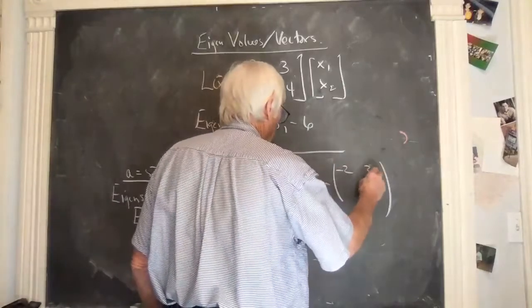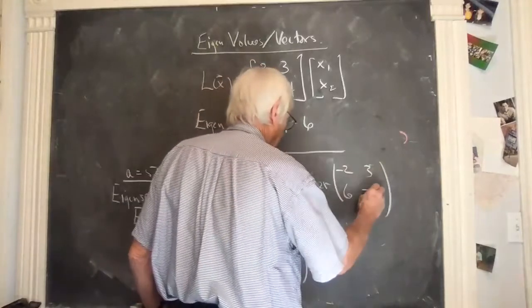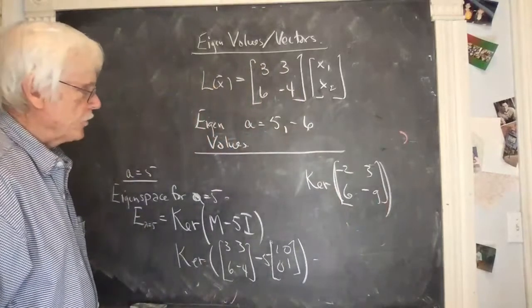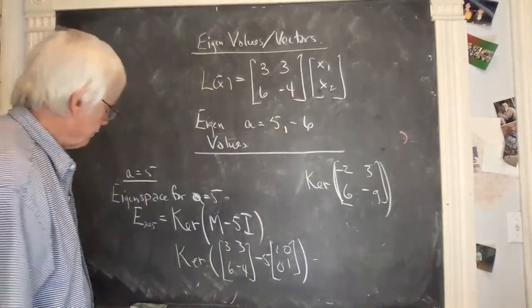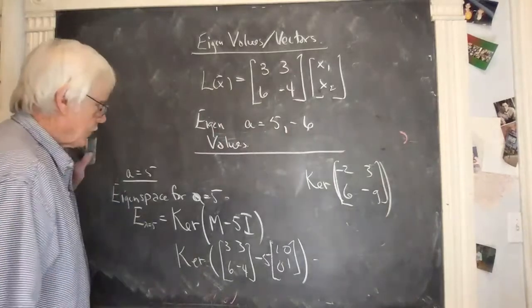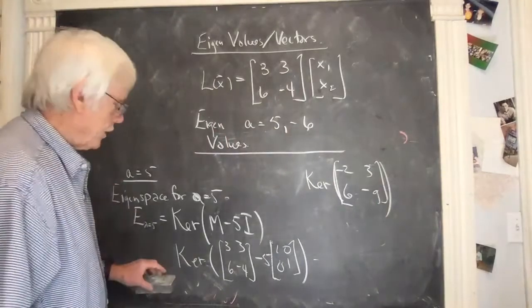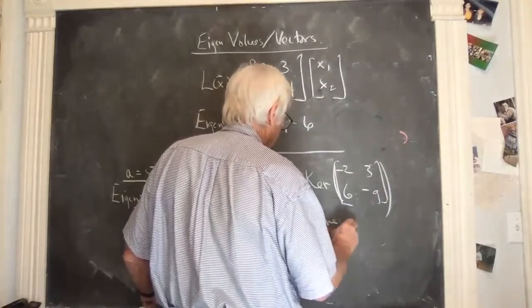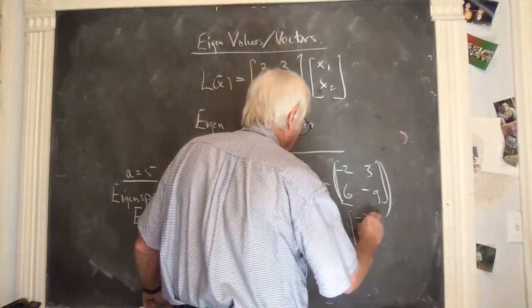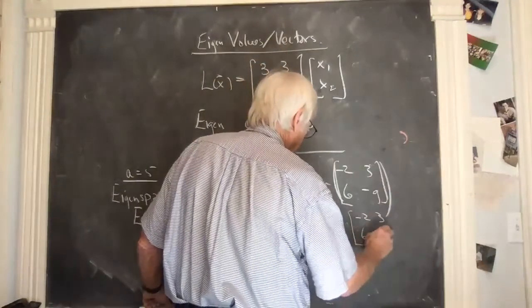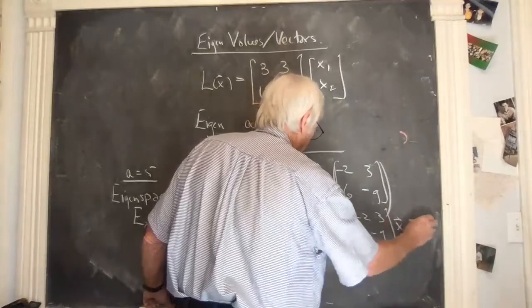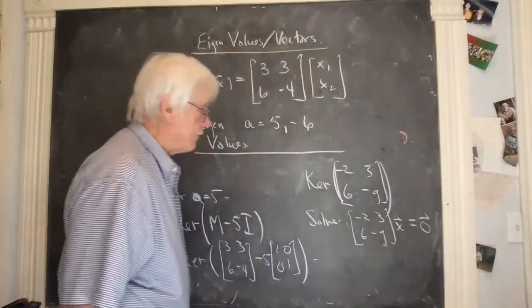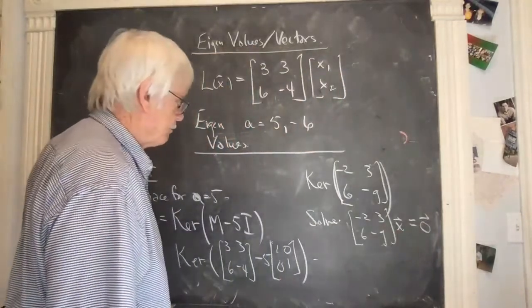So -2, 3, 6, -9. So this is the kernel that we want to find. So let's go ahead and do it. So this is solve -2, 3, 6, -9 times x equal to 0. We're going to solve those for x's, and the x's will be the eigenvectors for 5.